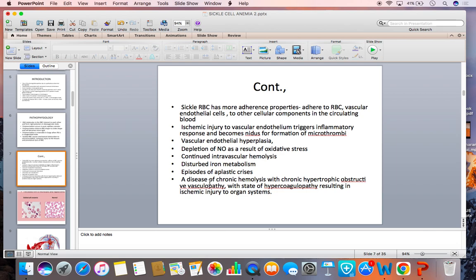That is the comprehensive definition of sickle cell disease. This explains all the pathological changes secondary to the injury to the various organ systems.